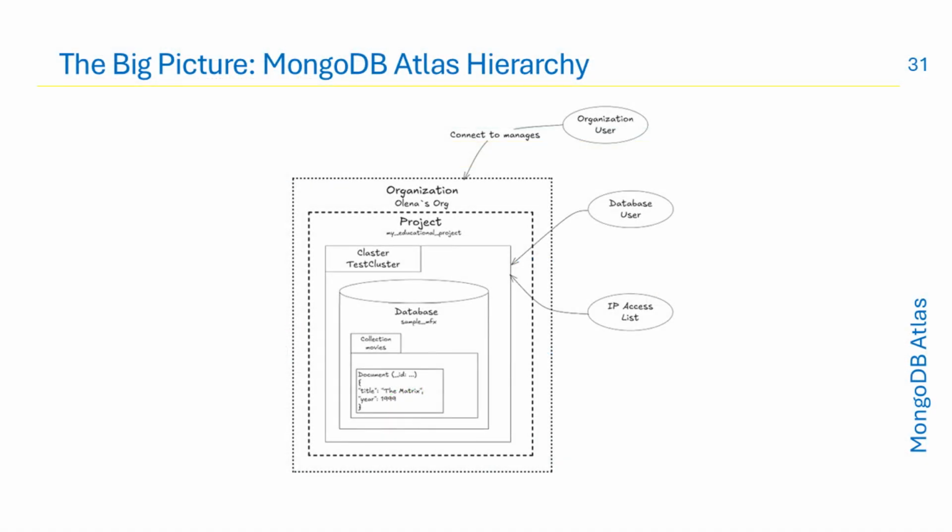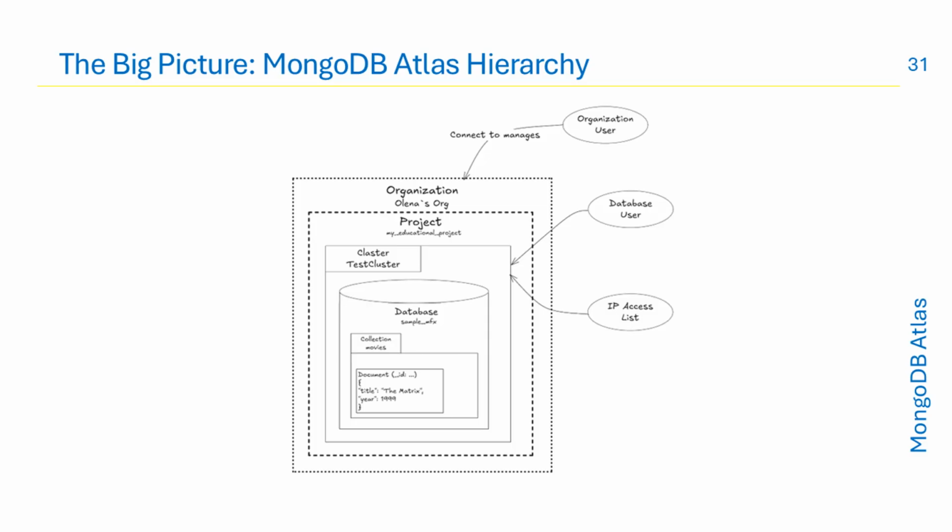Okay, we've now gone through the entire process from understanding the theory to deploying a live cluster. To wrap up this practical section, let's look at this summary diagram, which puts all the pieces together and connects what we've learned to what we've just done. Let's start from the outside in. The organization user is you, the real person who registered on the MongoDB website and manages the account.